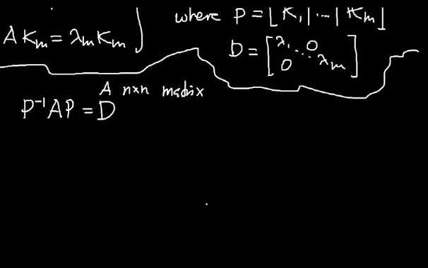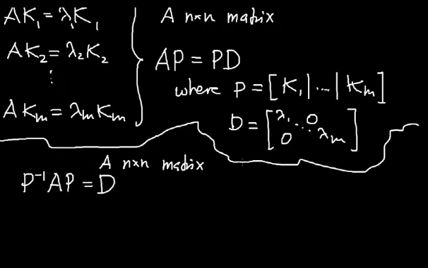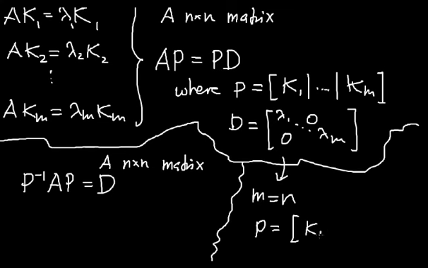In the case when m and n are equal to each other, I'm going to make another partition here, we have the same as before, but now we've got M equals N, and so the matrix P will now be a square matrix with exactly the same number of columns as the dimension N for the matrix A. And of course, it is not going to affect the equation at all. The D is the same as before, so that's why I put this arrow there.